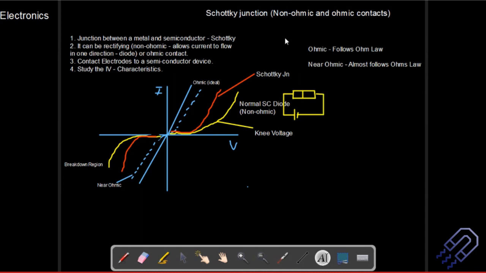This part will be P, this part will be N, and this is more or less forward bias. So if you have a forward bias like this, you get this part, and the reverse bias will be on this side. Basically, this side is the reverse bias, and this side is the forward bias.